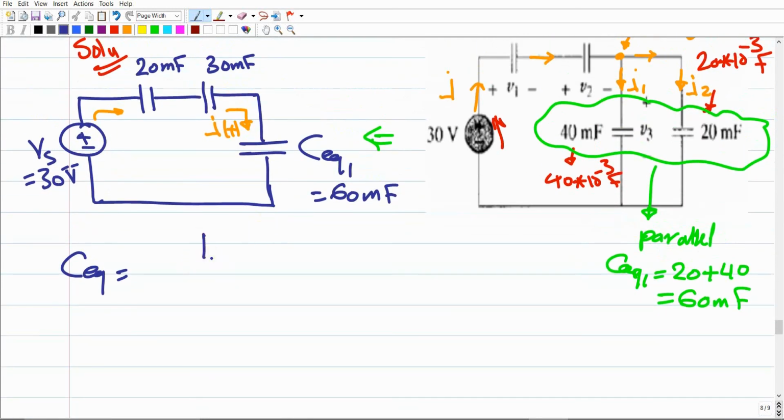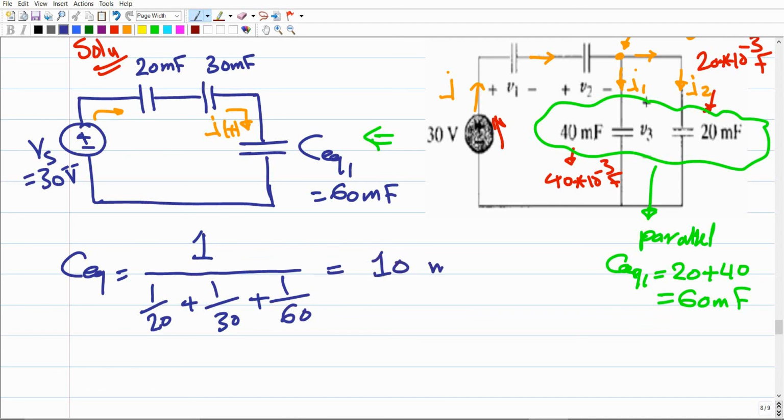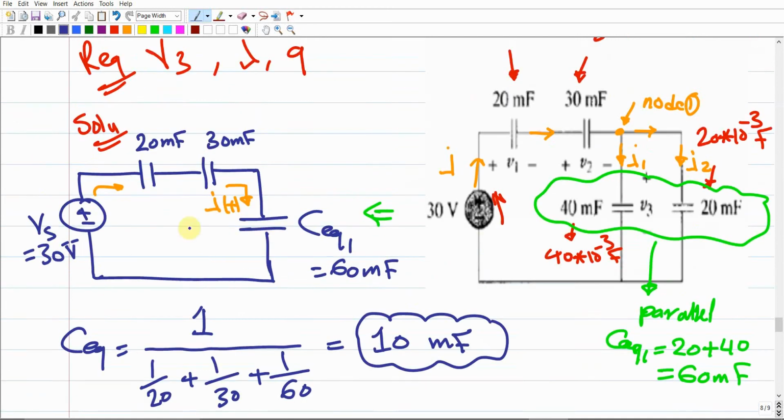If you remember, this C equivalent should be 1 over the first capacitance, which is 20, plus 1 over the second capacitance, which is 30, plus 1 over the third one, which is 60. If we did the calculations, we're gonna end up with 10 microfarad. So this should be the equivalent capacitance of all of these capacitors together.